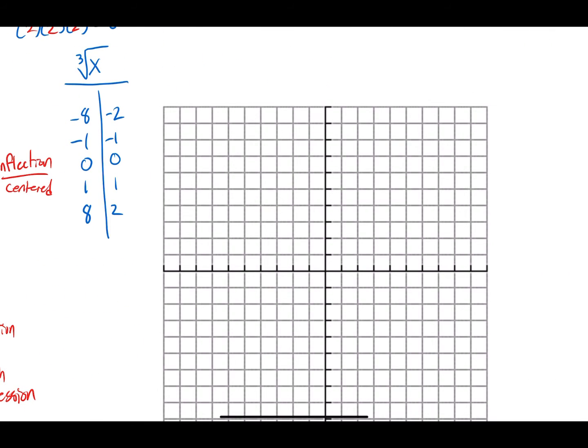So the inflection point, the most important point, is the same. 0, 0 can't really change. Can't flip-flop 0, 0. And neither can we flip-flop negative 1, negative 1, or 1, 1. But I can rearrange 2, 8 and make it 8, 2. So we're going to go from the origin, right 8, up 2. And from the origin, left 8, down 2.